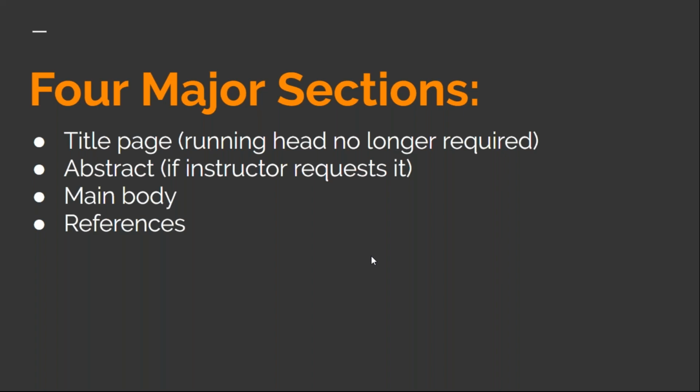So good news, because it was kind of a pain to deal with. If your instructor requests an abstract, that would be the 2nd section of your paper. The main body, so the actual paper itself, is going to be the 3rd section. And then your references page will be the last section.